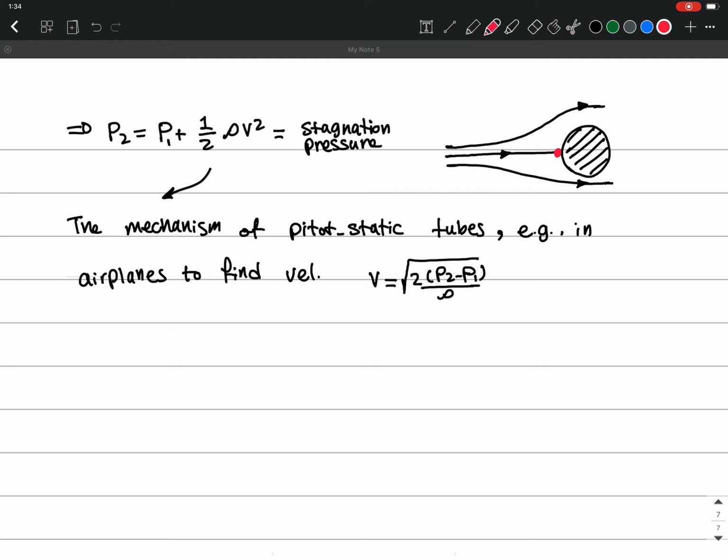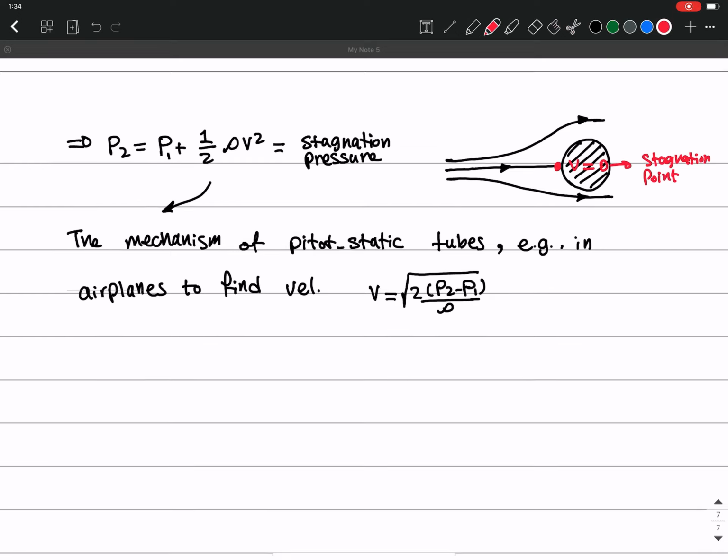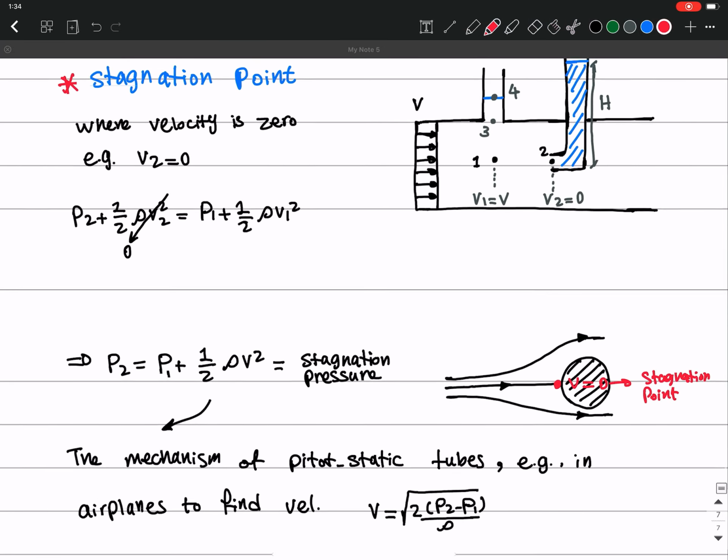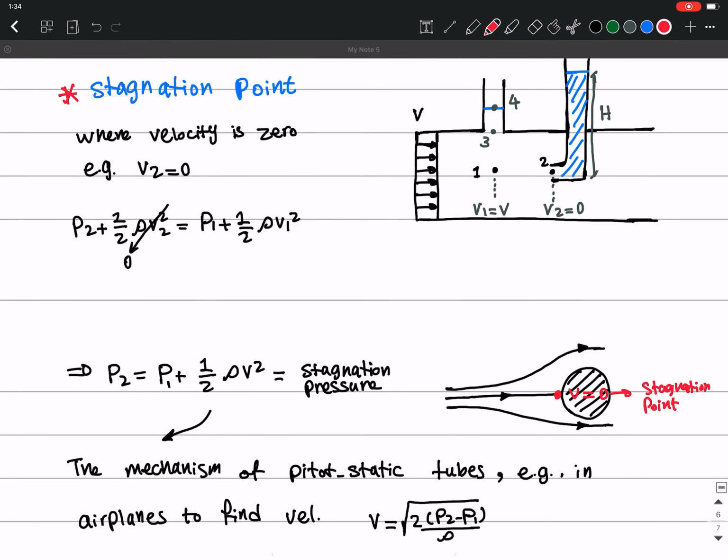Because V here is 0, it's a stagnation point. And you can find the stagnation point based on the velocity, right? If the velocity somewhere is 0, you will have a stagnation point and also a stagnation pressure.